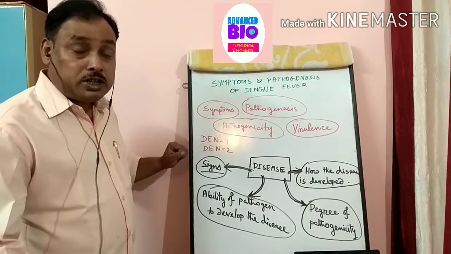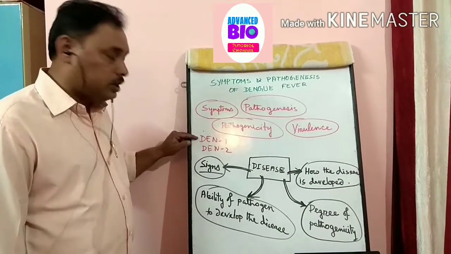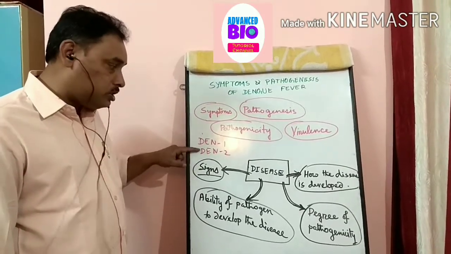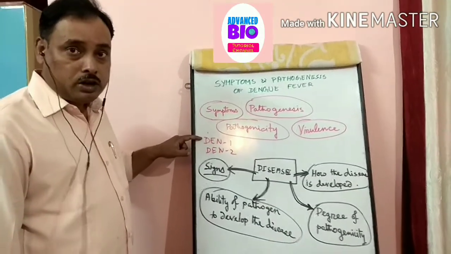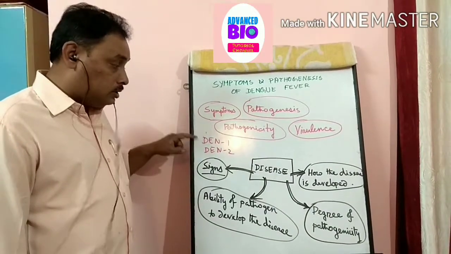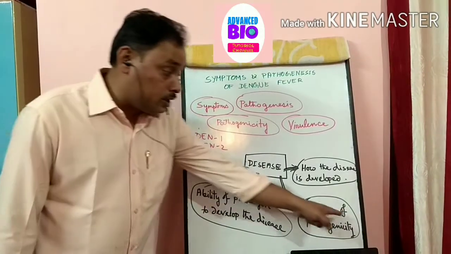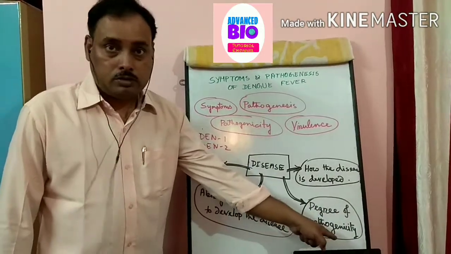So whose ability is better? The dengue 1. It has the ability also. So it has the pathogenicity, but this is the more virulent. That is the degree of pathogenicity.